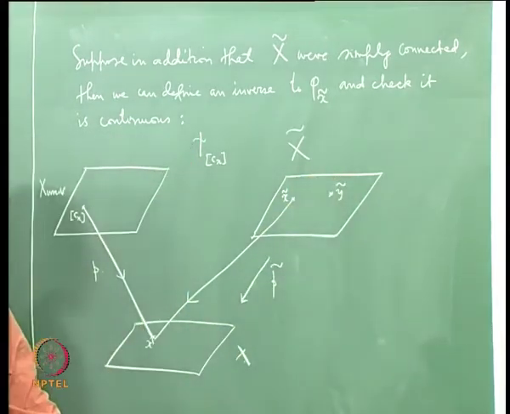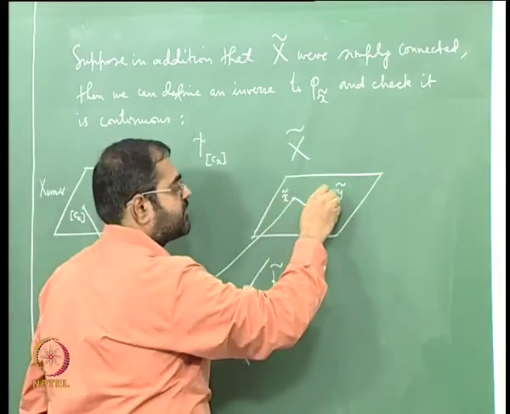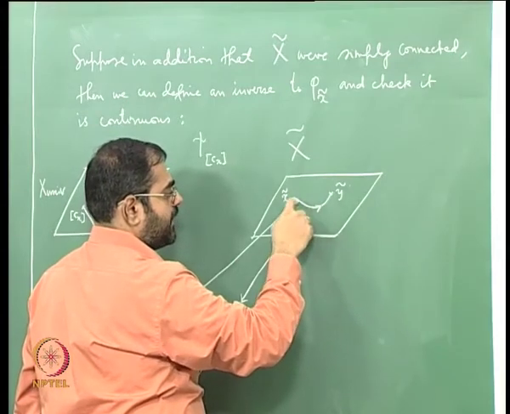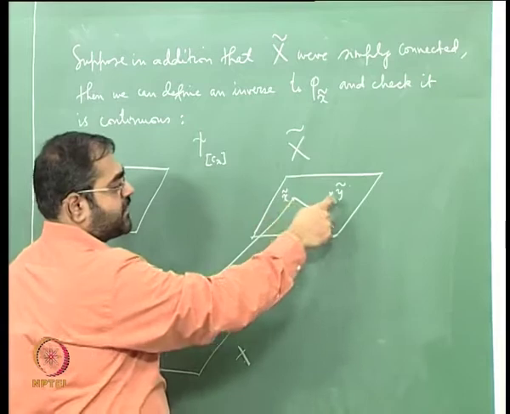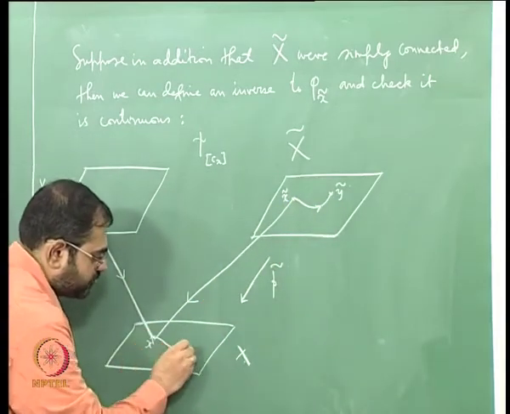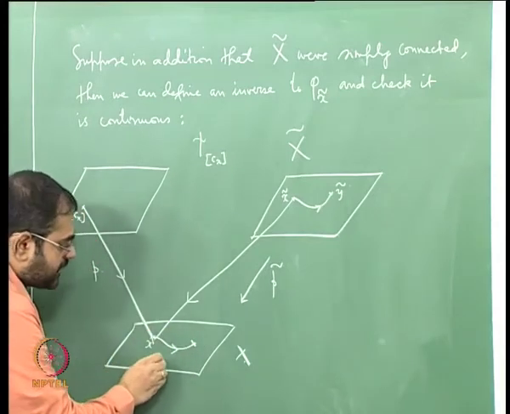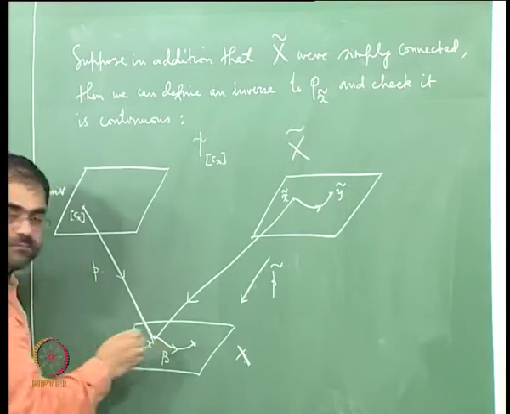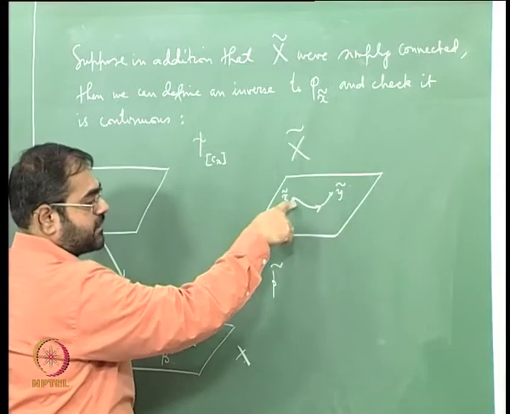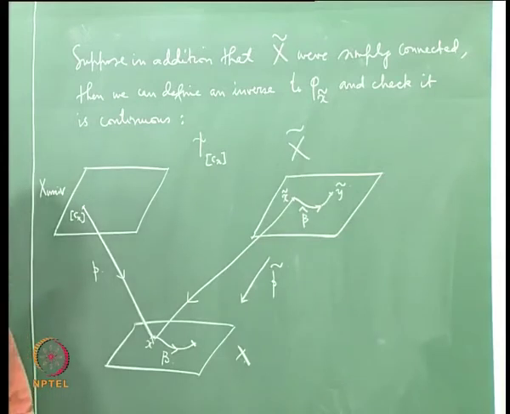Because x tilde is arcwise connected, I will simply choose a path from x tilde to y tilde, and I push that path down, and I get a path here. If I call this path beta, then this path is just the unique lift of beta starting at x tilde. So this is beta hat, all right.